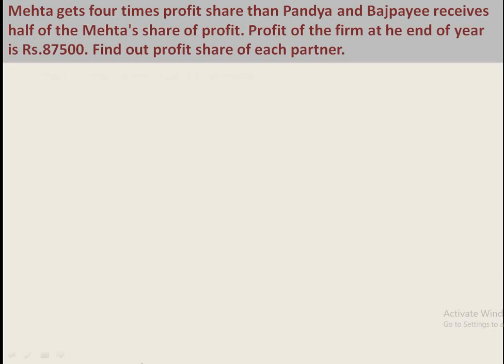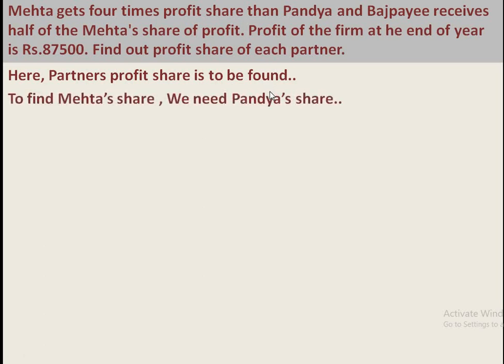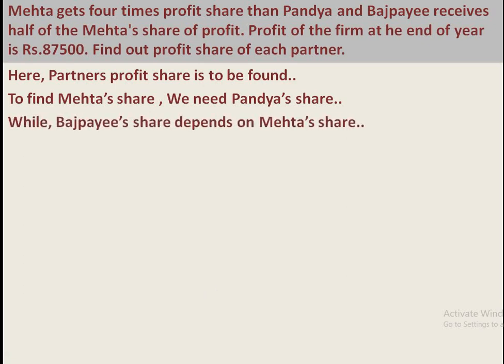Here the partners' profit shares are to be found. For that, let me check these clues. Mehta gets 4 times profit share than Pandya. It means if you want to find Mehta's share, you need Pandya's share, because Mehta's share is 4 times Pandya's. Then Bajpayee's share depends on Mehta's share.